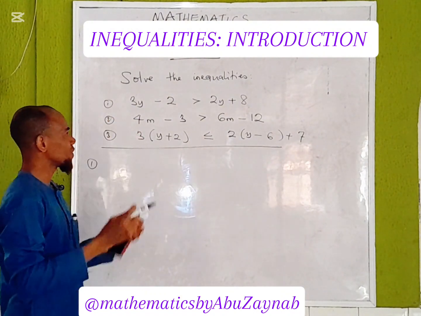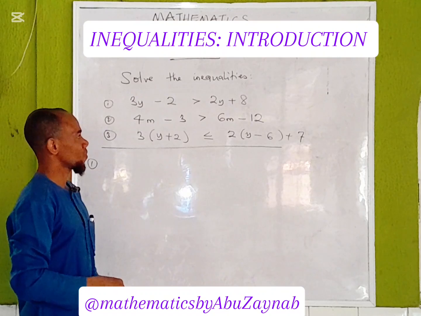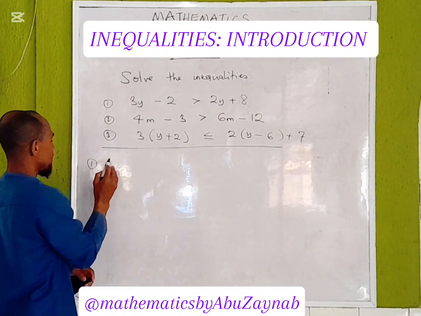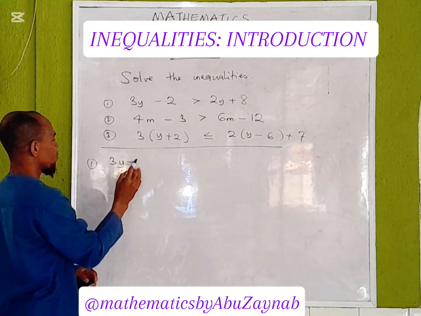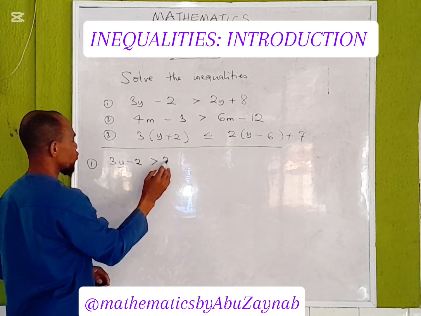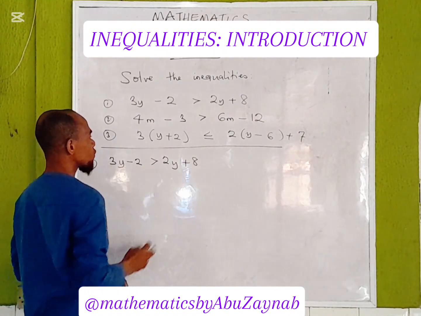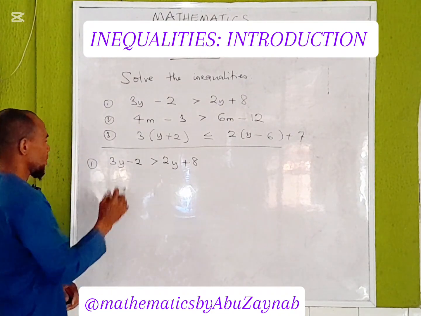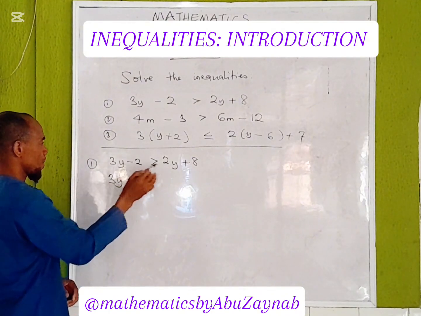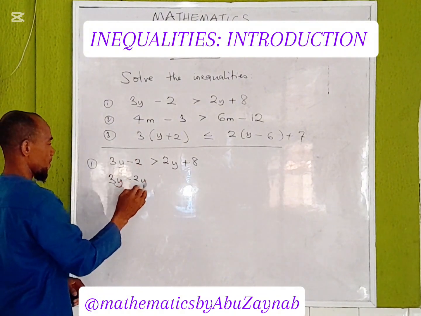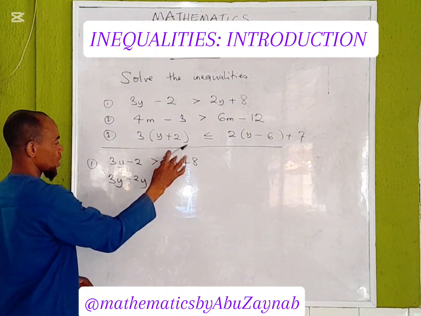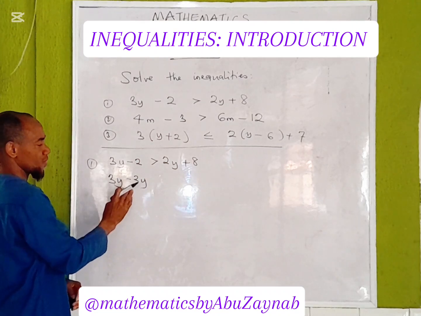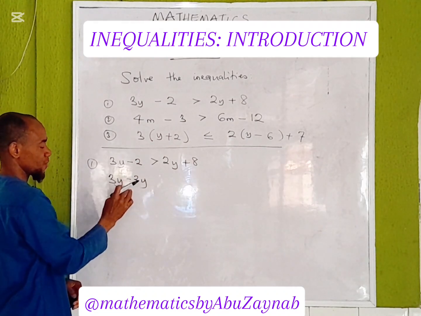Solving inequalities is pretty much similar to solving equations. However, there is a slight difference. So let's take example number 1. We have 3y minus 2 greater than 2y plus 8. You still solve as though you are solving simple equations by collecting like terms. Then you have 3y minus 2y, because the 2y has moved to the other side of the inequality symbol, so it changes from positive to negative.